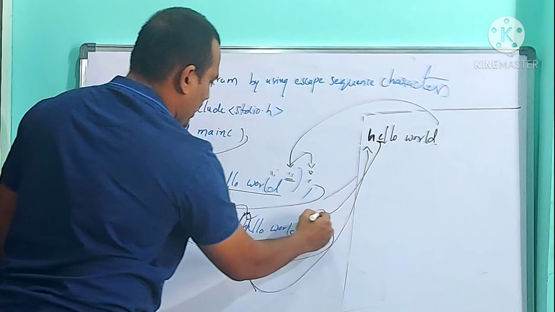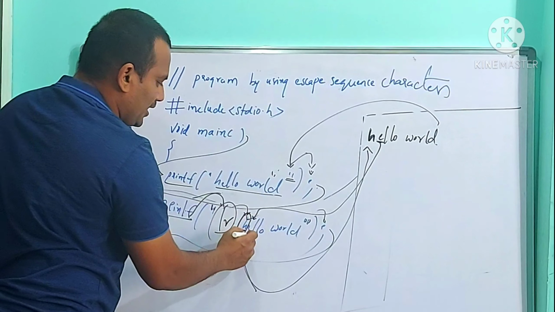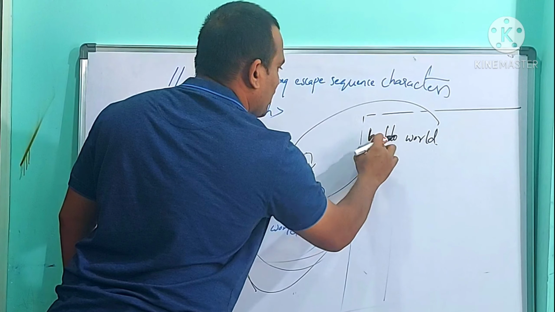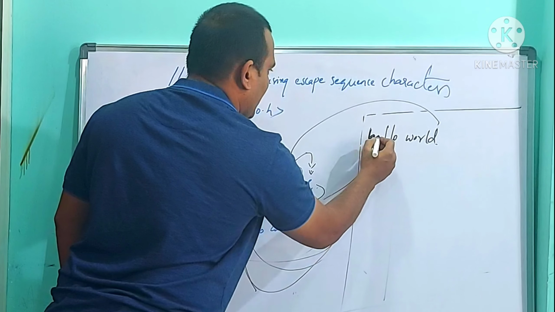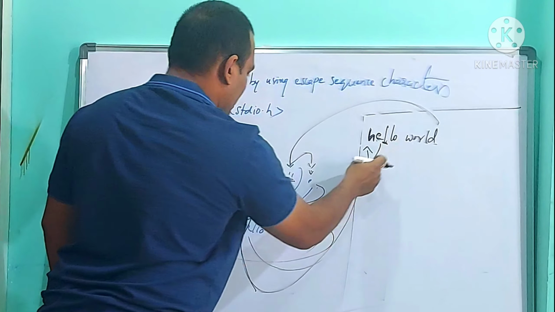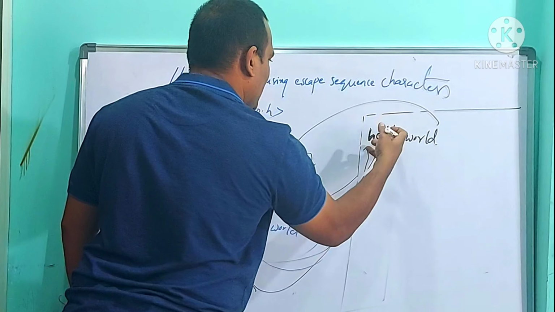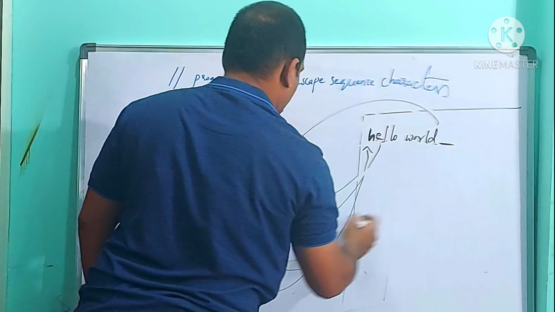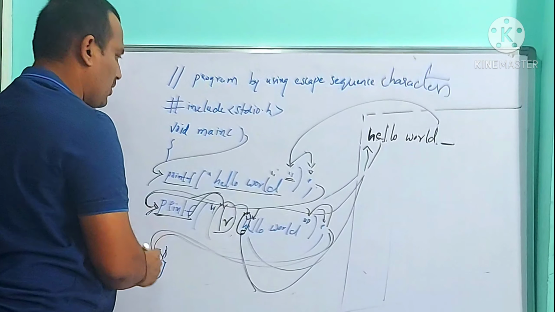Then the second one, E: again it goes to the cursor position, removes the existing character, places the current character and moves one position right. Again L is removed and L is placed, and so hello world gets replaced by the same hello world. Finally the double quotation, semicolon, next line, the end of the main function.